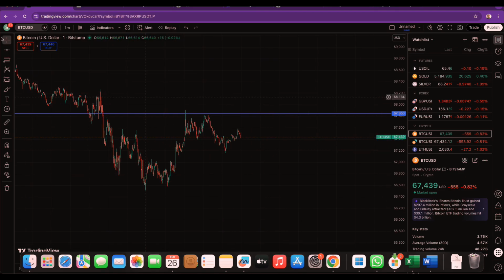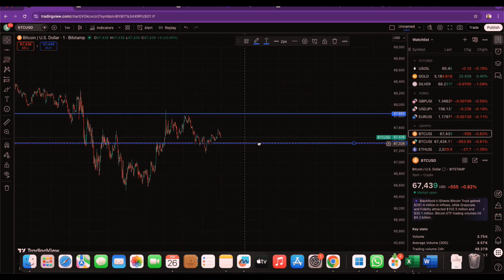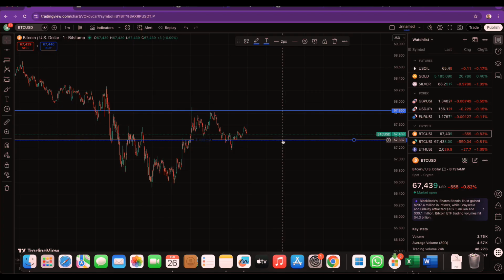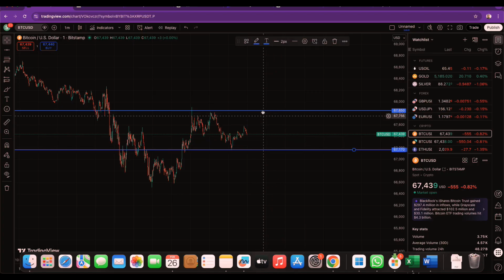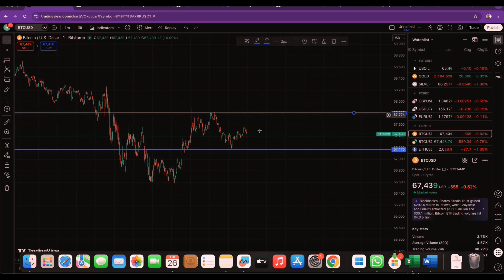This is another support level. Here is a support level, and here is a resistance level within this. Many traders can decide to take a trade within this time frame at 671 and sell within this particular place. We'll take a short trade from this to this, depending.